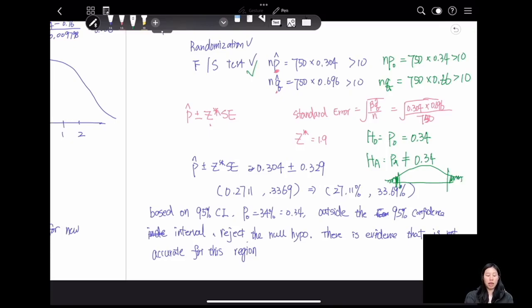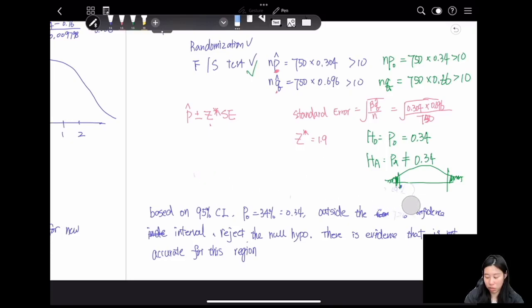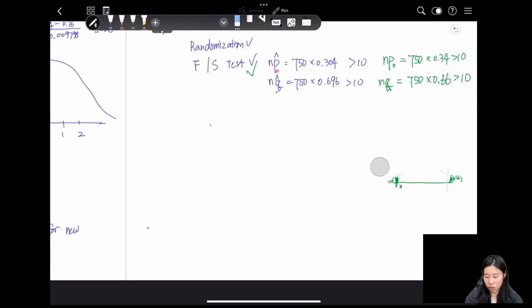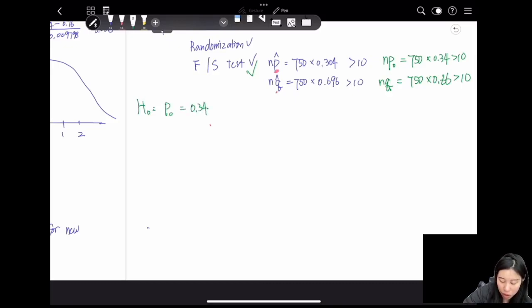After we did that, we can either run a sample distribution of proportion or a test statistic test. Let me rewrite this. So our null hypothesis is p equals 0.34, but we're trying to prove that the county's obesity rate is different than the nationwide obesity rate. It's a two-tailed test.